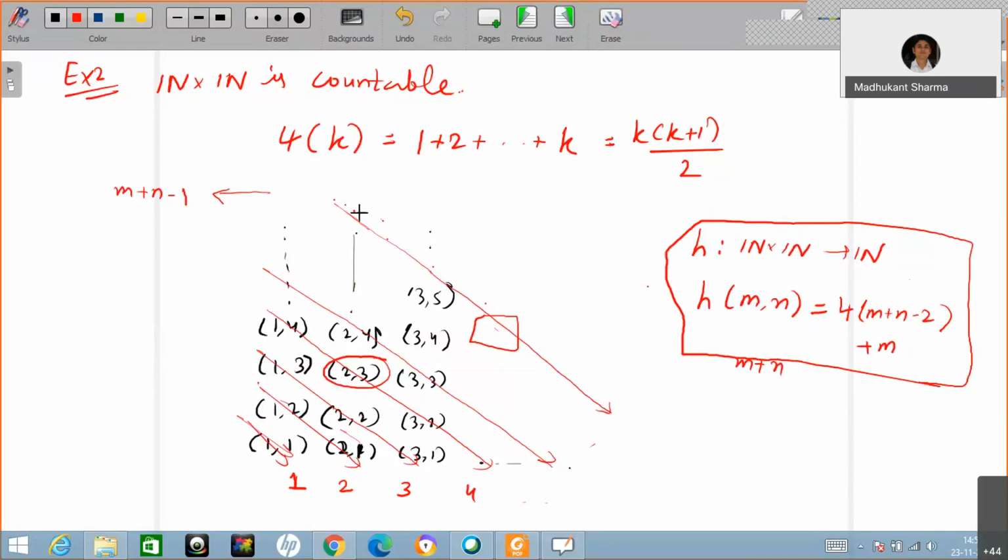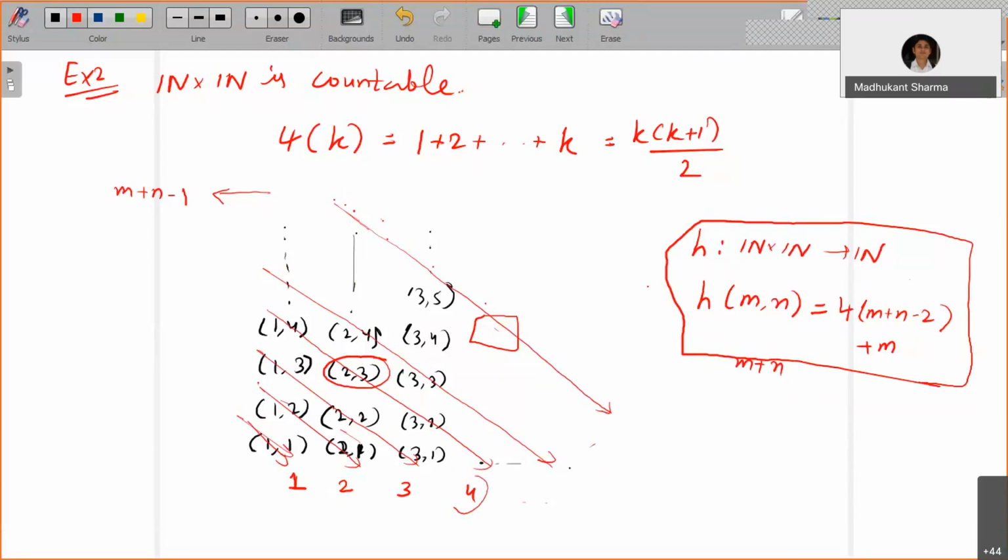Suppose m plus n is 4. If you look at the fourth diagonal, the sum is 5. But you're looking at the diagonal where the sum is 4, so 4 minus 1. Similarly, the m plus n minus 1th diagonal will contain this element m comma n.